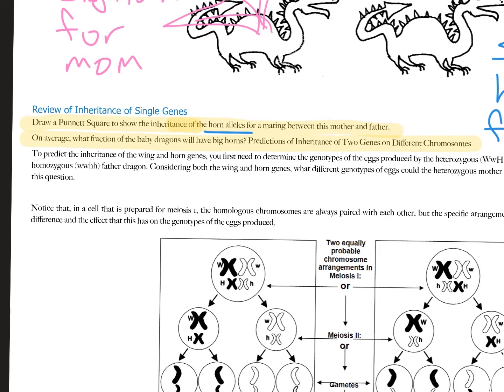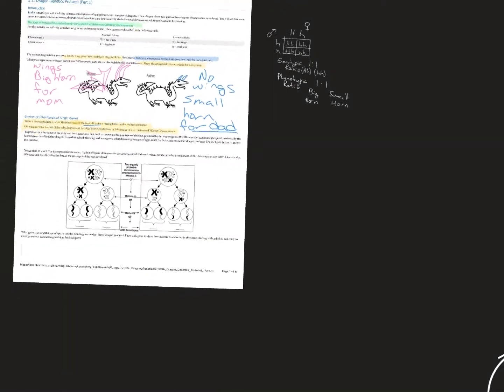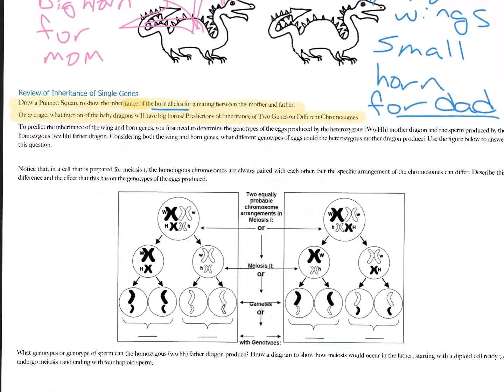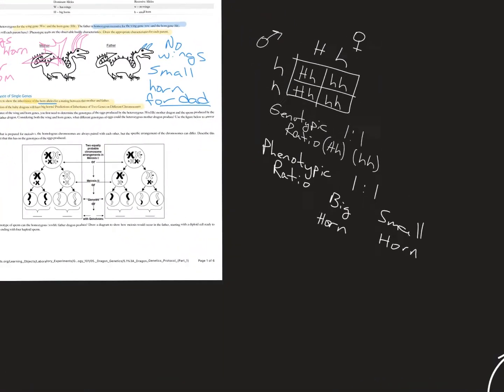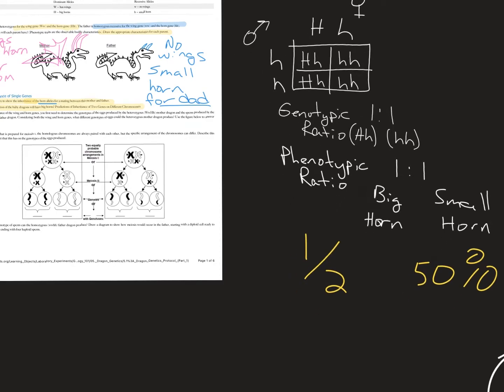On average, what fraction of the baby dragons will have big horns? 50%. 1 out of 2. We're all in agreement on that? Nobody has a problem with that?